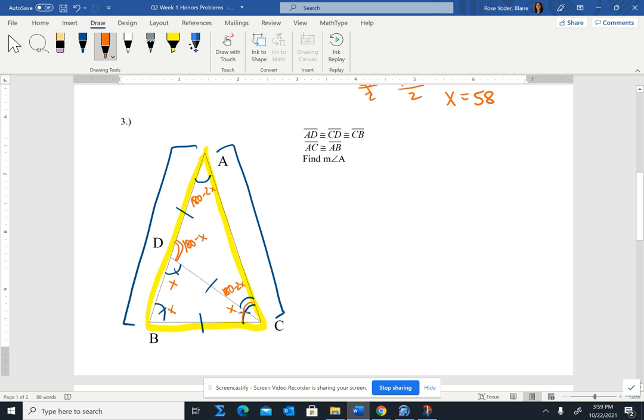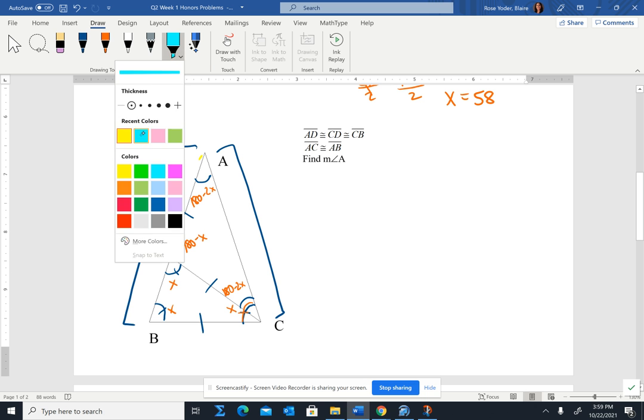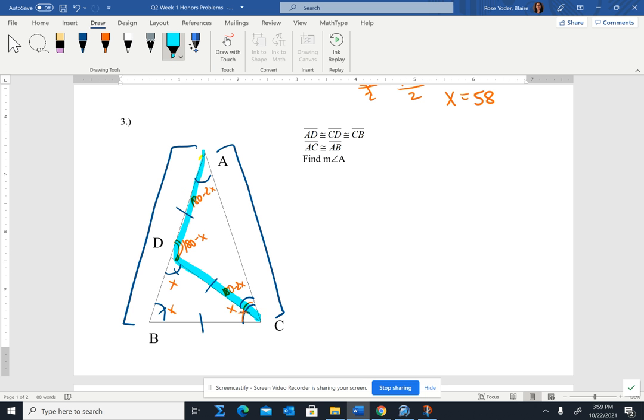And then if I find one triangle where I have expressions for all the angles that I didn't already use when I started labeling this, I can solve for X. So I think the one that's going to work is this one. Let's give it a try.